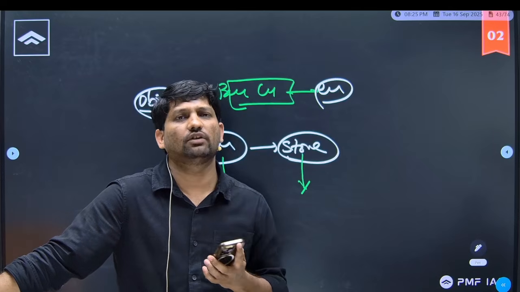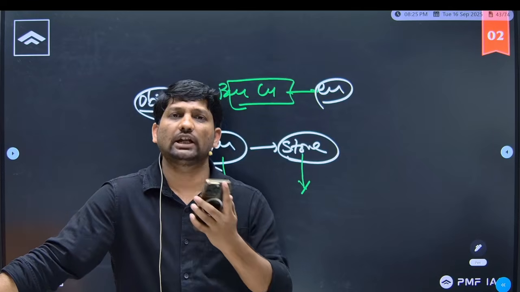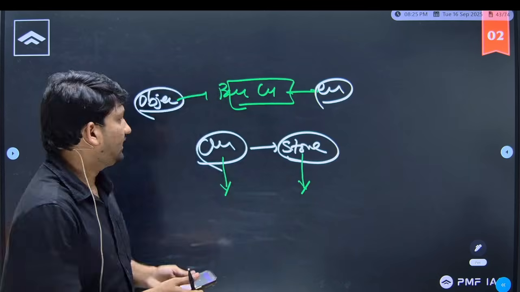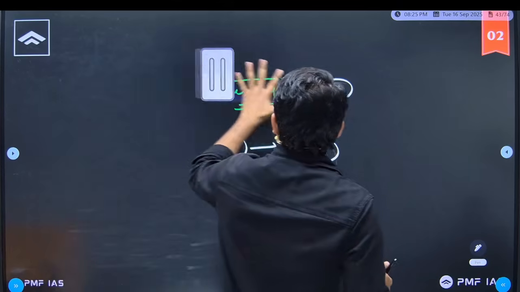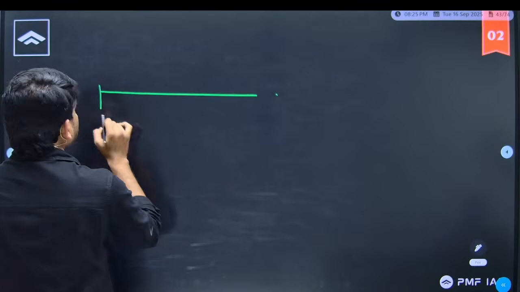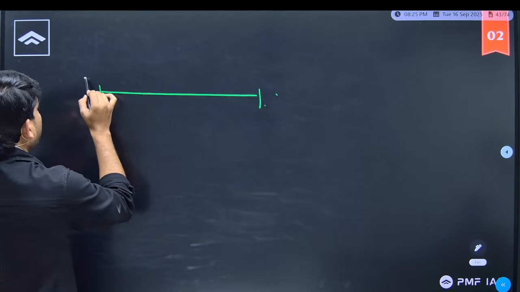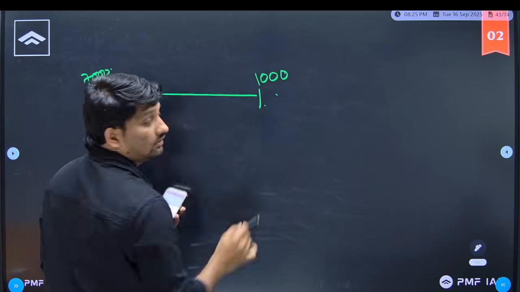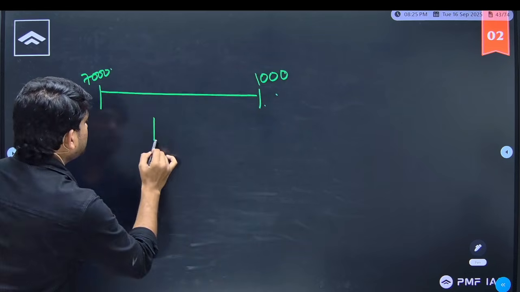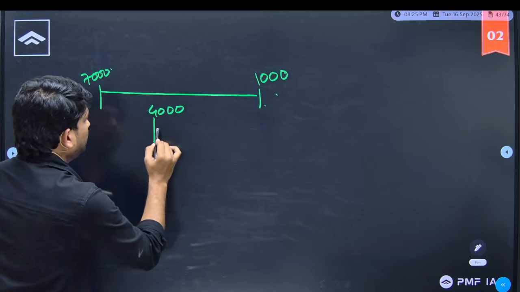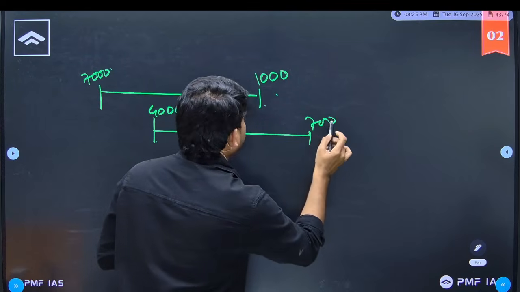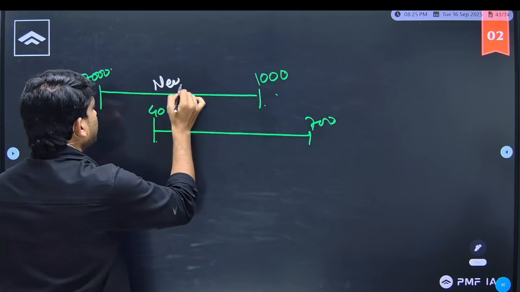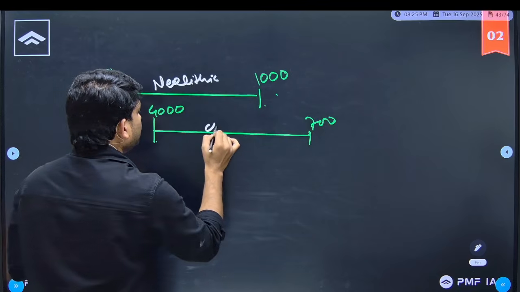So in today's lecture, we have completely discussed Chalcolithic culture only. Remember, there can be some overlapping. If you see this Neolithic phase from 7000 to 1000, and if you consider 4000 to 700, that is Chalcolithic.